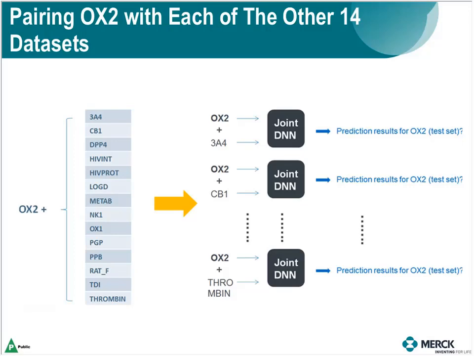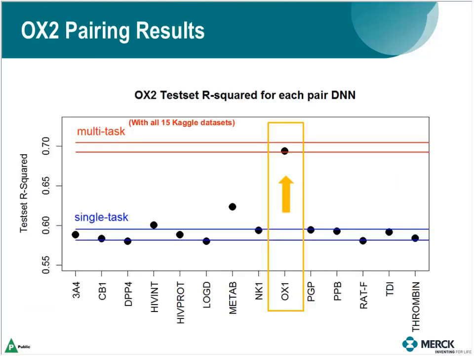So this is the result. What you can see is the 14 tasks individually combined with OX2. The blue lines are the range when we train OX2 by itself, because there is variation, so the result is within these two blue lines. And the red lines are when you put all 15 together to train.